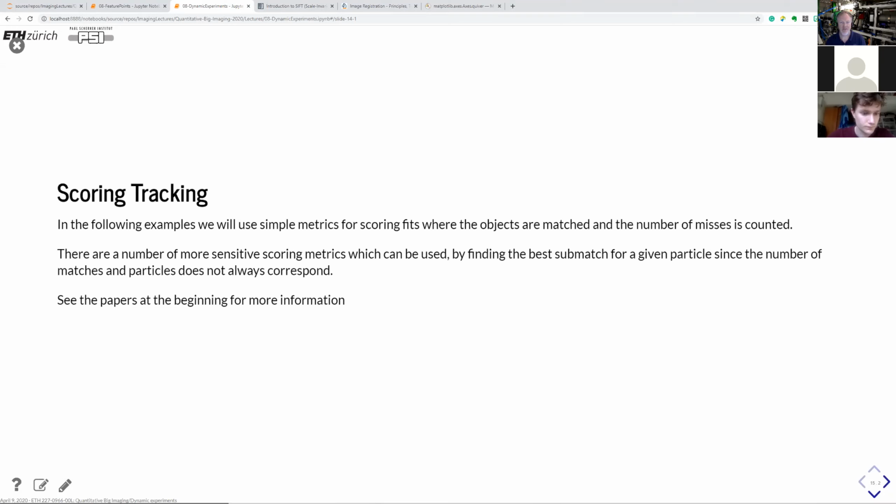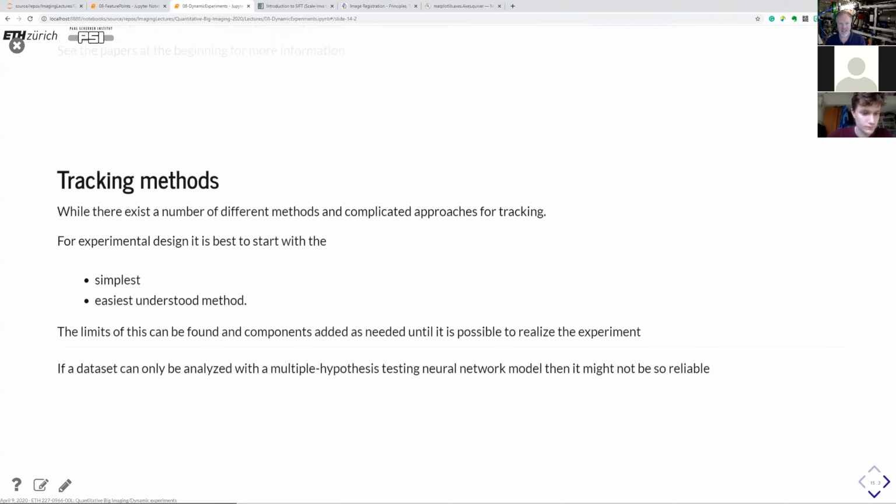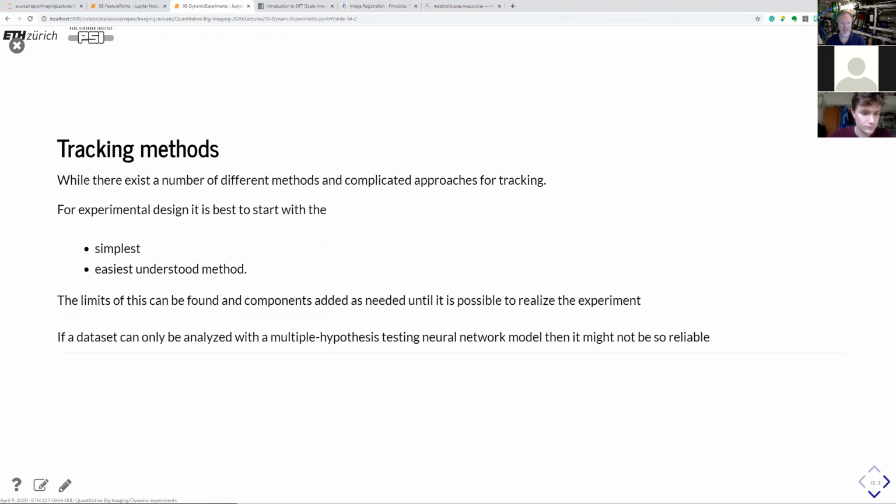So we need some kind of scores to see how well we can find the tracks, and there is also a lot of information in the papers in the initial part of the lecture. These metrics we are looking at are sometimes very easy, and there are a lot of complicated approaches.